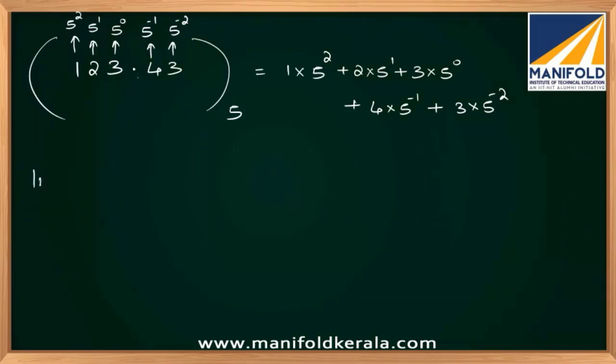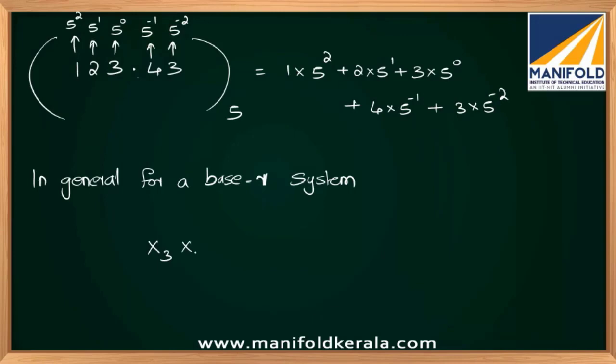Now, in general, suppose you have a base R system, some random base R. Suppose I give you a number something like x3, x2, x1, and these are digits, symbols present in this base R system, then a point, and then y1, y2, y3, etc. Suppose this is the number given in base R system.